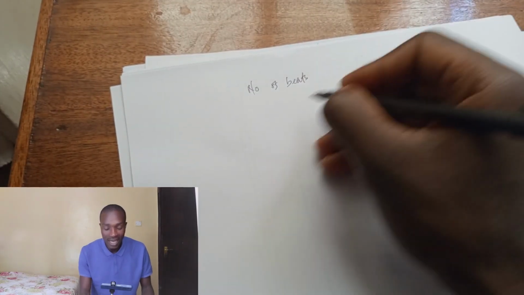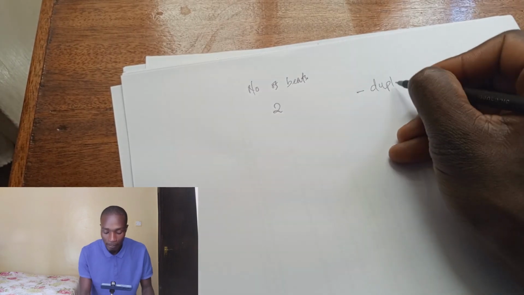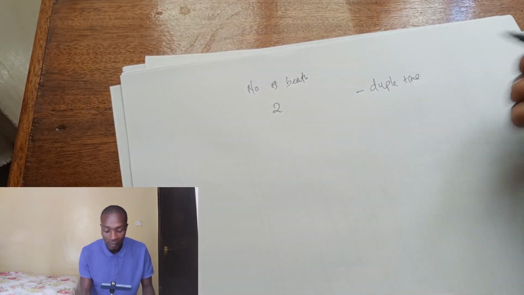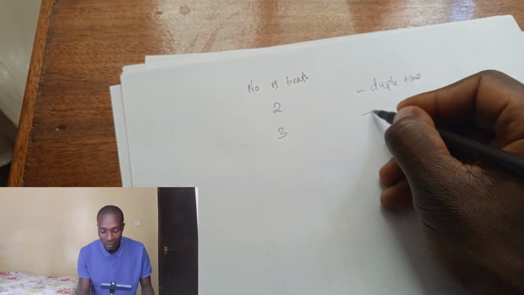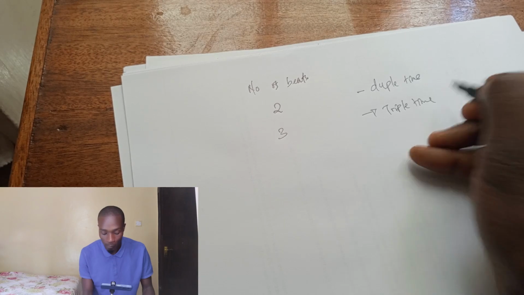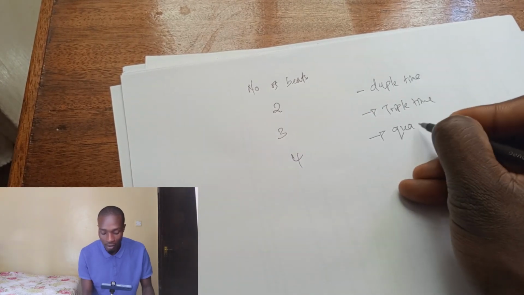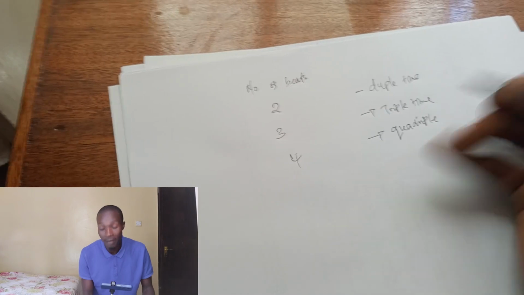If the number of beats is 2, we say this is duple time. If the number of beats is 3, we say this is triple time. If the number of beats is 4, we say this is quadruple time. So the number of beats for the compound will be determined by dividing the upper value by 3 for you to get the dotted beat.